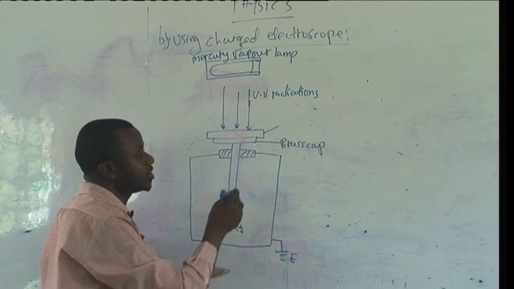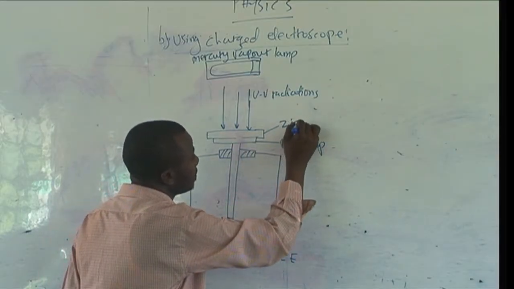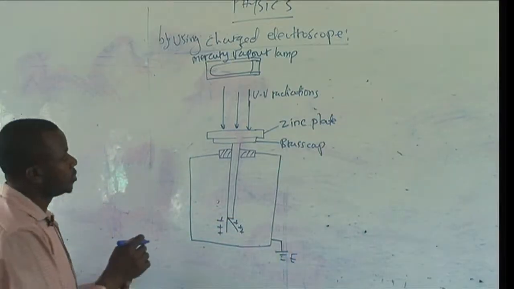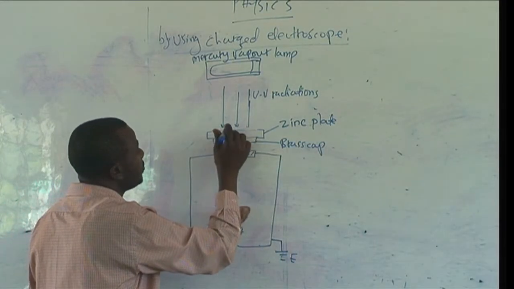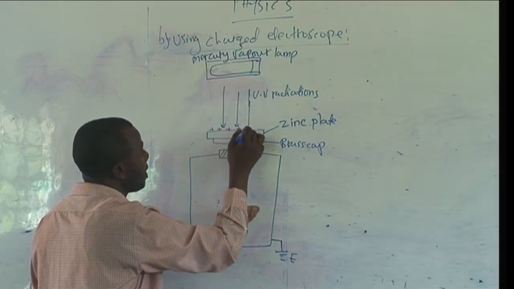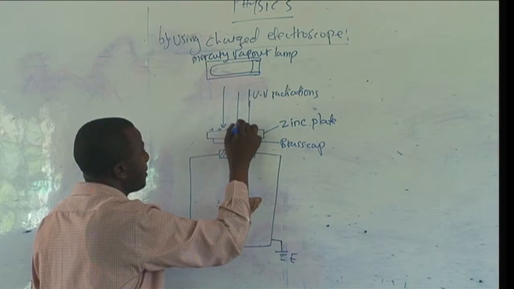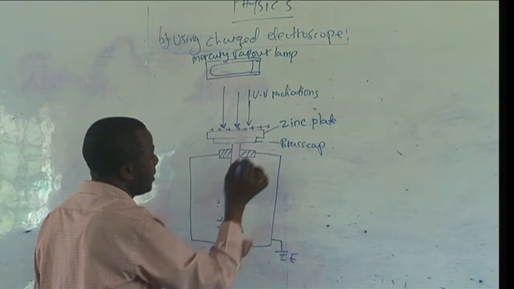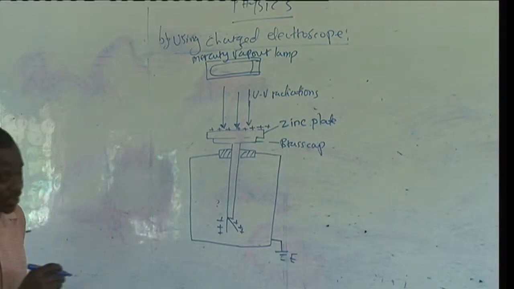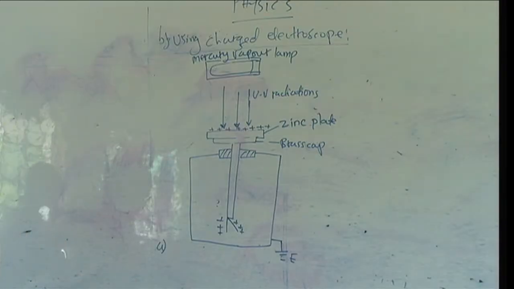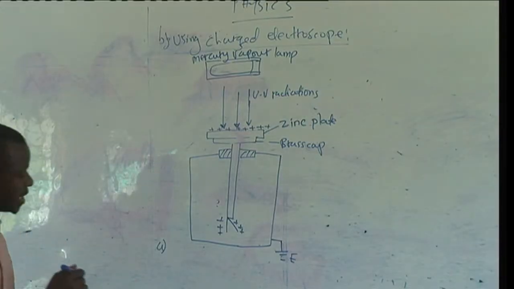And this one here is called the zinc plate. So this one is also equally positively charged. These are positive charges here. So this is a positively charged electroscope.